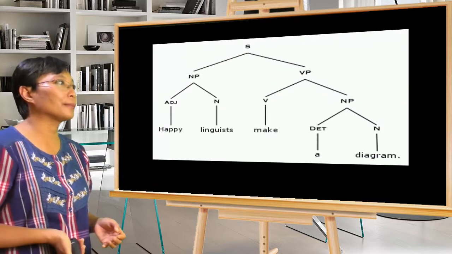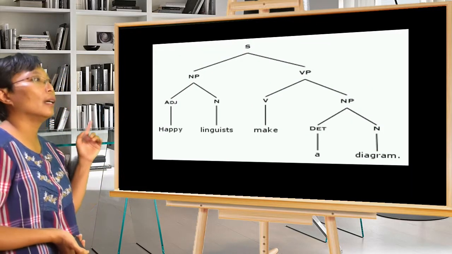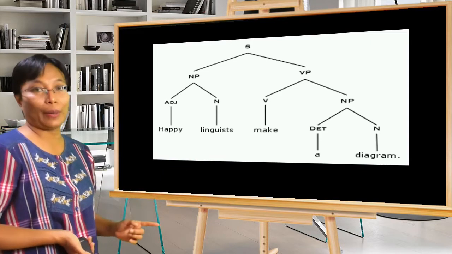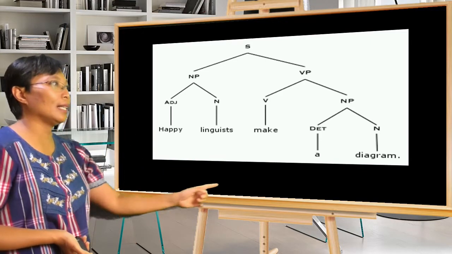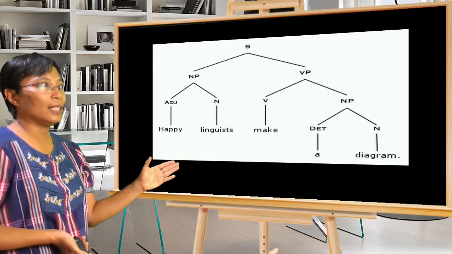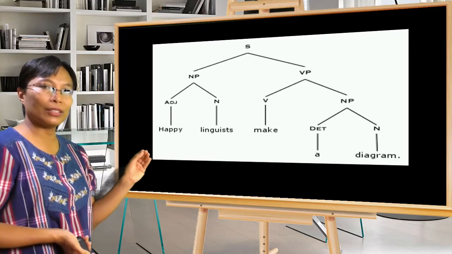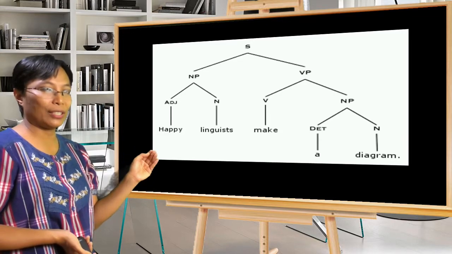So for example, like this. Here we have a sentence, "Happy linguists make a diagram." And this sentence has a particular construction.